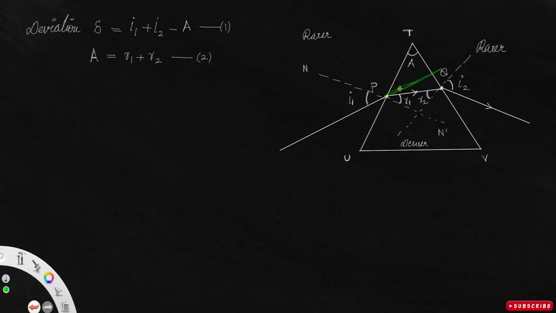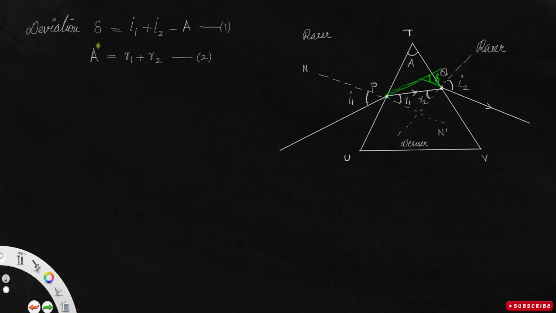This should be the way the incident ray must be going. And this is the path of the emergent ray. Deviation means this angle, delta. Clear? This is the deviation. Can you see this? This is delta. That is the angle between the path of the incident ray and the path of the emergent ray.